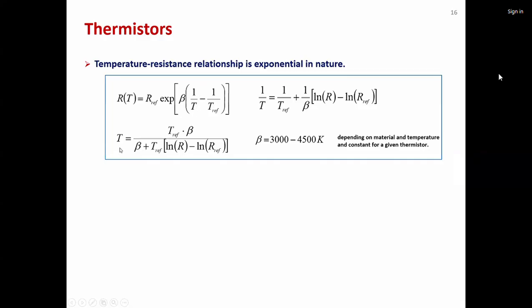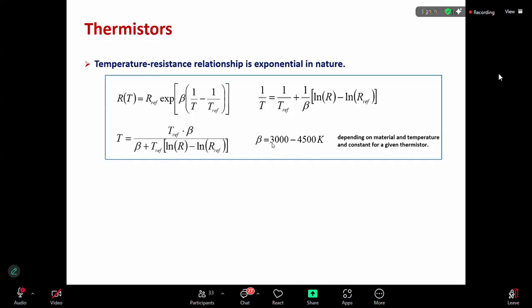And from there, you can actually find the temperature just by adjusting the different terms. And here the value of beta is between the range 3000 to 4500 Kelvin. And the exact value depends on the material and the temperature that we are talking about.